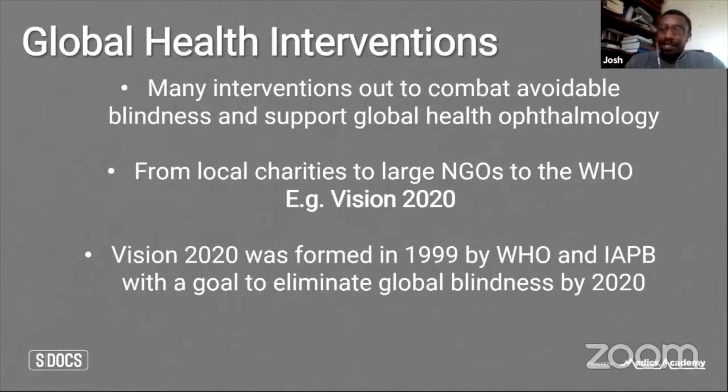So this is an important case study in the concept of global health ophthalmology. I'm not going to go into it any more for this particular series, but it's really interesting to read through the kind of things that movement instigated, some of the successes they have had and some of the challenges they've had as well since 1999. So that's Vision 2020.